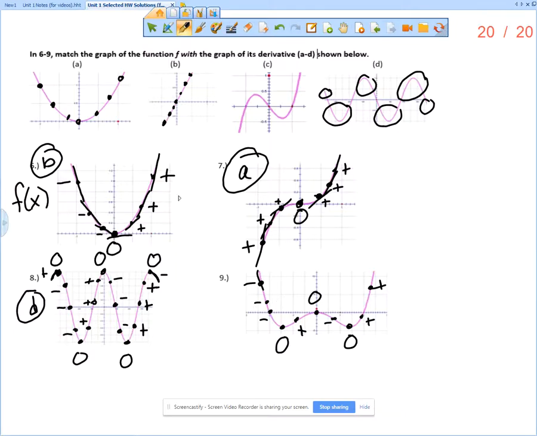So we go over here and we see negative means below, 0, above, 0, below, 0, above. So which one has that? Well, this one does, right? Negative, it's below the x-axis, then 0, then above the x-axis, then 0, then below the x-axis, then 0, and then above the x-axis. And so 9 is C.